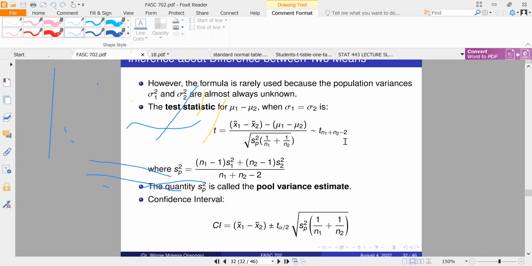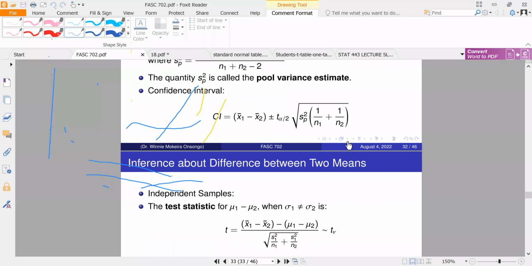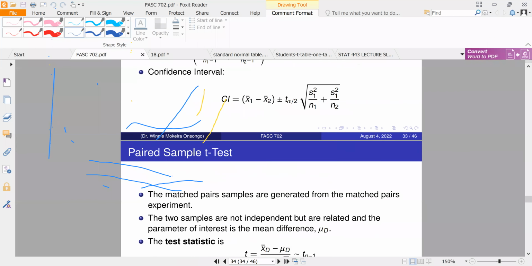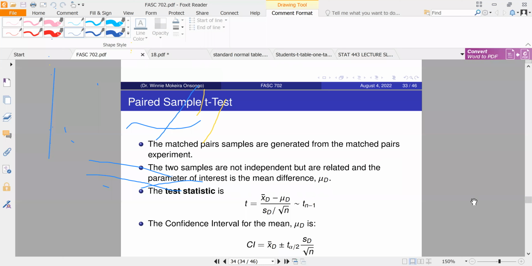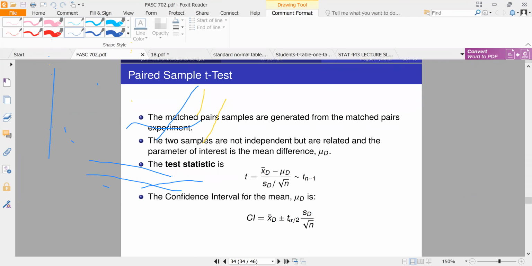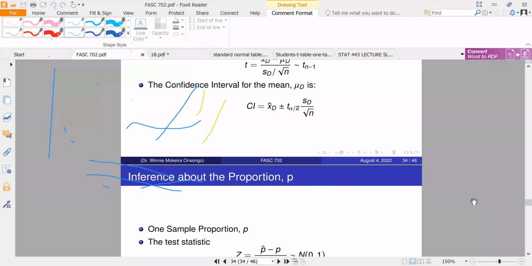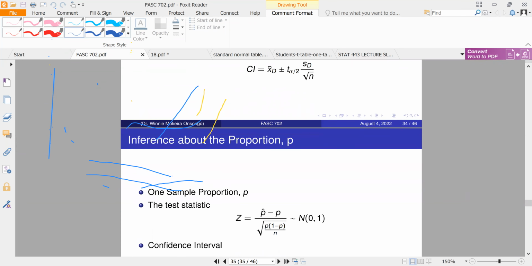We move from this difference of means, and then we come to the case of the population proportion. In the same way, the population proportion has its sampling distribution, and that sampling distribution is normal.